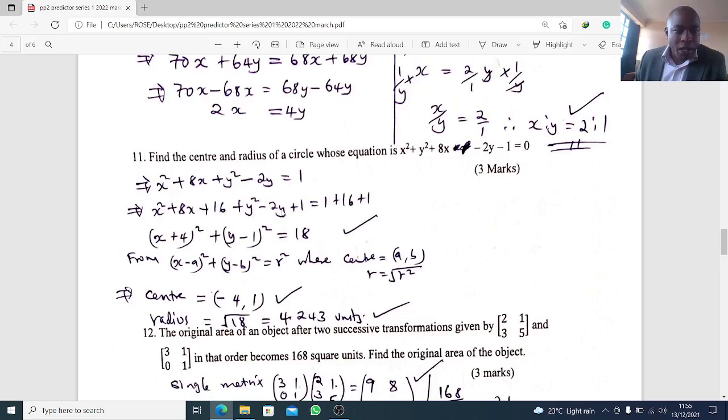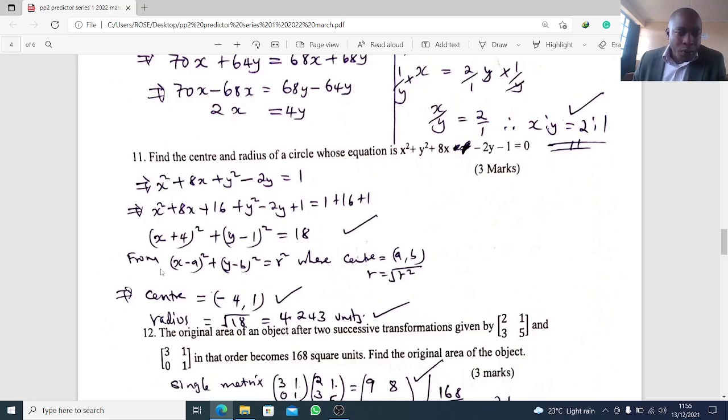So y squared minus 2y plus 1 equals 1 plus the two numbers that we have added, 16 plus 1. So you pick the square root of x squared, which is x, and the square root of 16, which is 4. The symbol here is a plus, so it's x plus 4 squared, plus the square root of y squared, which is y, and the square root of 1, which is 1, with the symbol minus, so y minus 1 squared equals 18.